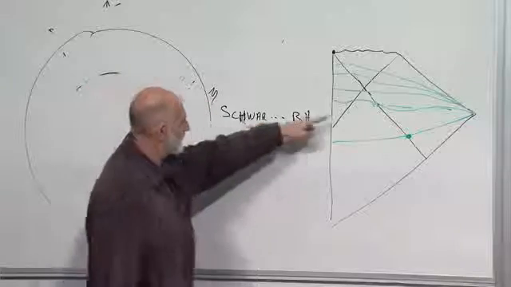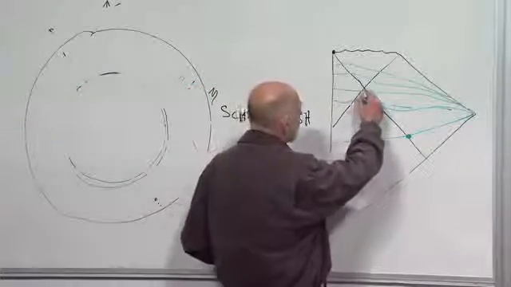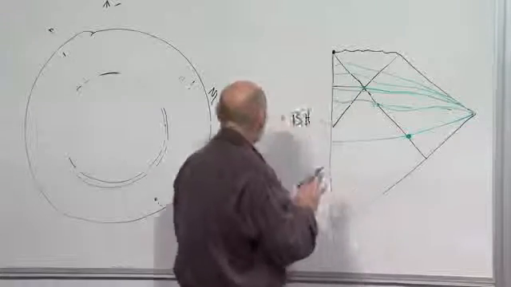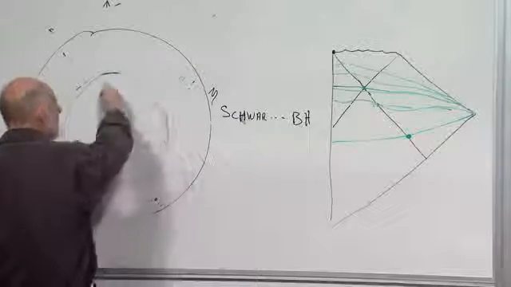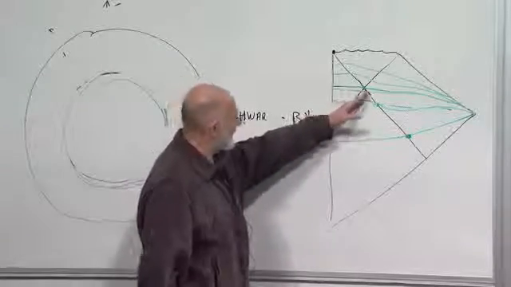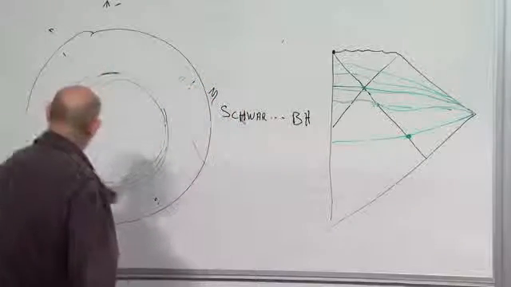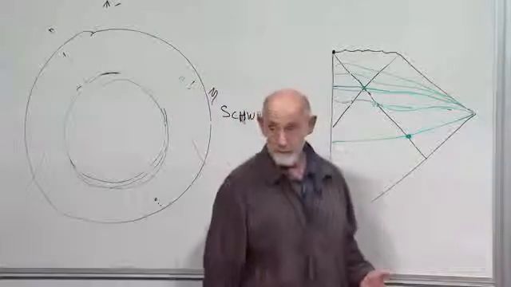Well, there's a horizon over here. At this point, that's the time at which the shell passes its own Schwarzschild radius. It's the time that the shell passes into the interior of the horizon. Here's the horizon. The shell passes into the interior, and once that happens, it can't get out.